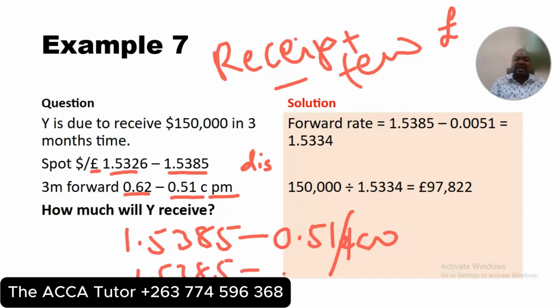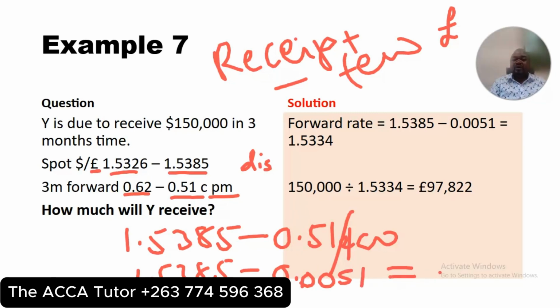Let me use my calculator to verify. 0.51 divided by 100 becomes 0.0051.